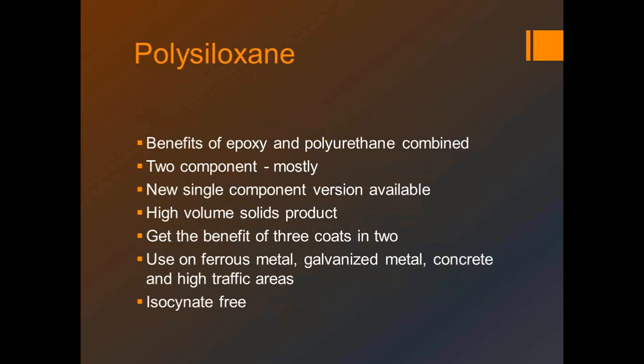We talked about that a little bit last month, but you get good quality volume solids, with resin content as well as a quality pigment package. So you can use them on ferrous metal, galvanized metal, concrete, and high traffic areas, and you can use them direct to zinc surfaces without a prime coat. And again, you get the benefit of about a 3-coat system in a 2-coat system because of the film build you can get out of these.